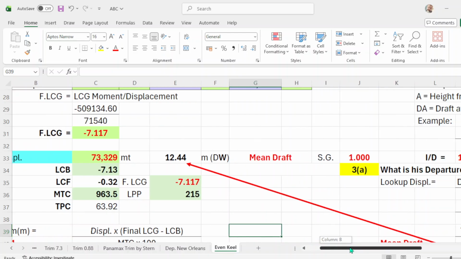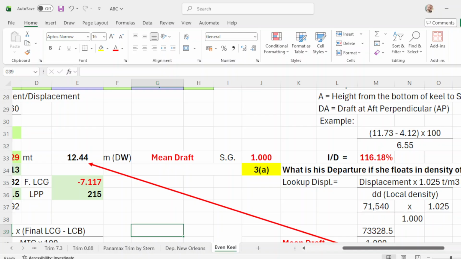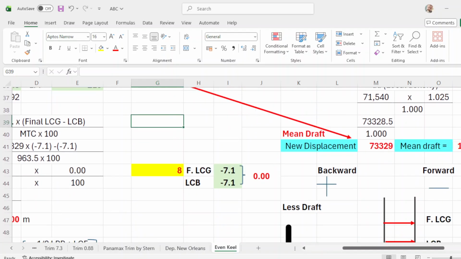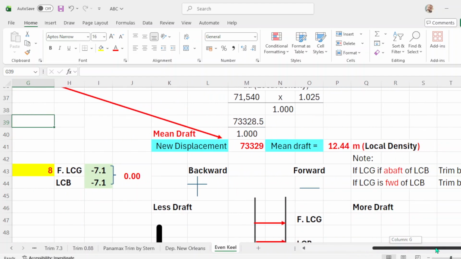Okay, so I just rounded it off. It will be 7.1. Final LCG and LCB is 7.11. So the distance is 0.